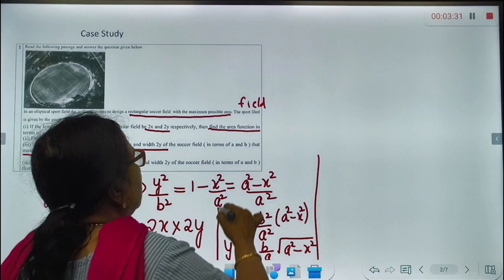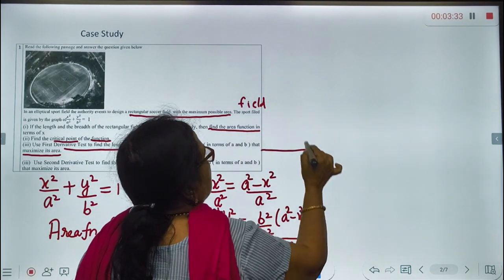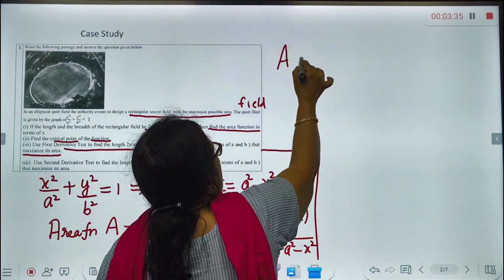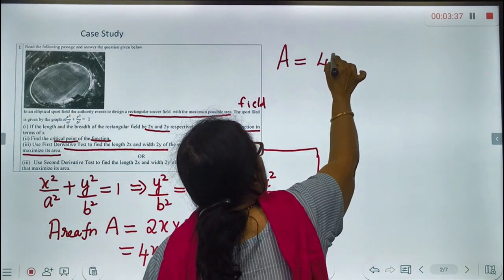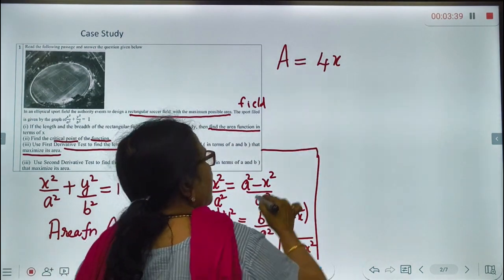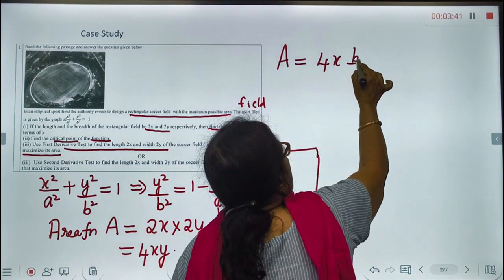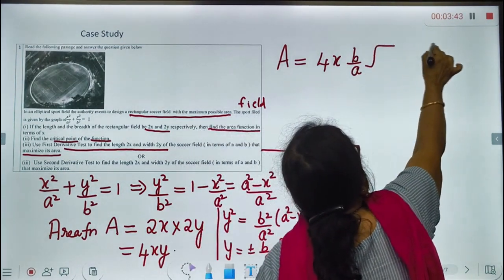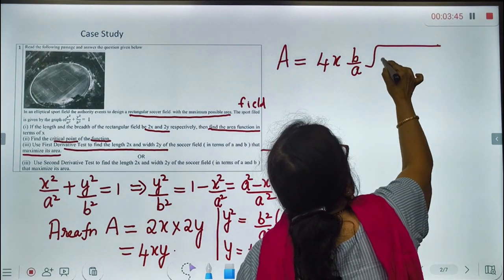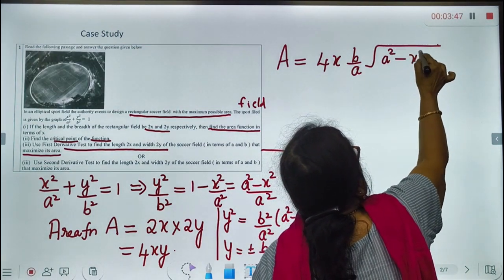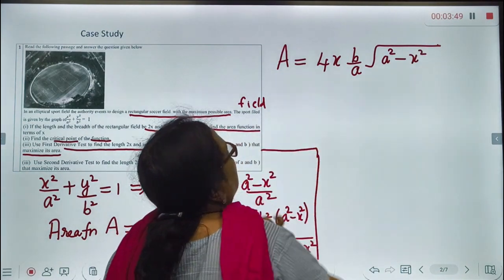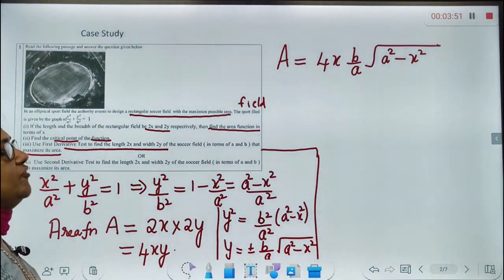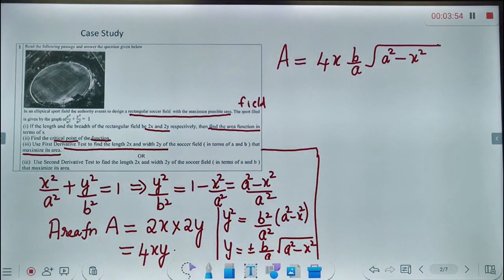So, the area function in terms of x will be A equal to 4xy, but y is b by a root of a square minus x square. Since area is positive, I am looking only at the positive square root. So, this is the area function in terms of x.